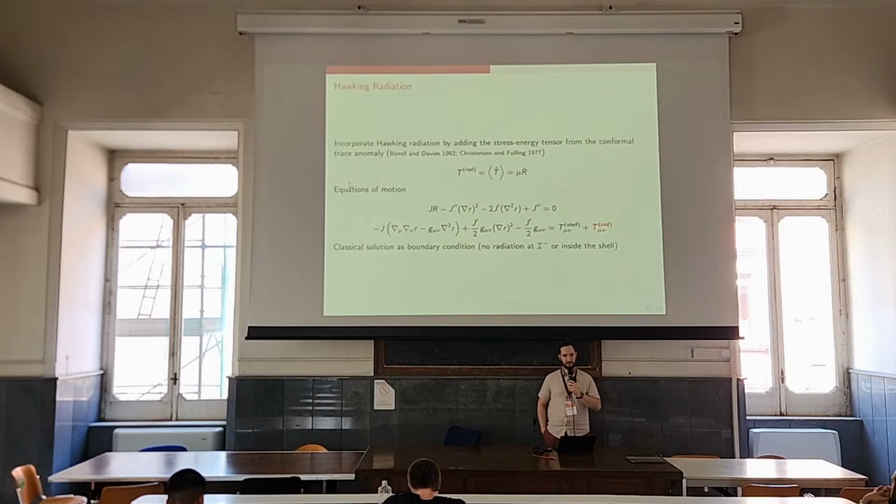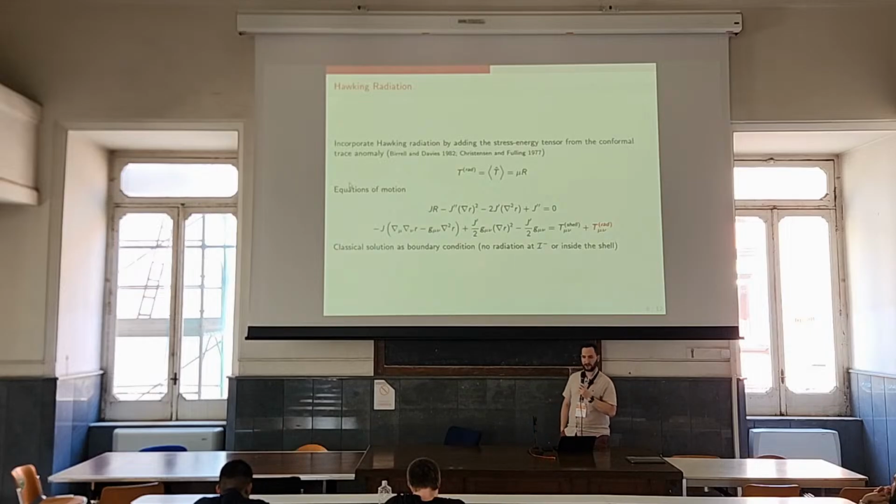One of the main advantages of working in 2 dimensions is that it's very simple. So for this anomalous stress tensor, the trace is just proportional to the curvature, where we introduce this proportionality constant mu to control the strength of the radiation effects. So now if we add this new term to the stress energy tensor for our original equations, we get a semi-classical system that includes black hole evaporation, including back reaction on the spacetime.